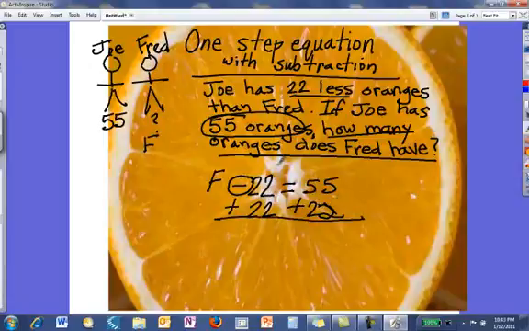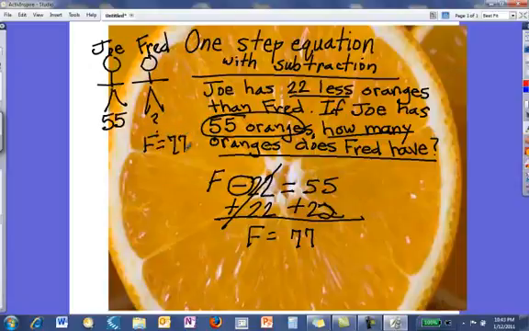And when we do that, it's going to isolate our variable. Minus 22 and a 22 becomes 0, leaving us with f on the left side. And 55 plus 22 is going to give us 77. And that's how many oranges Fred has.